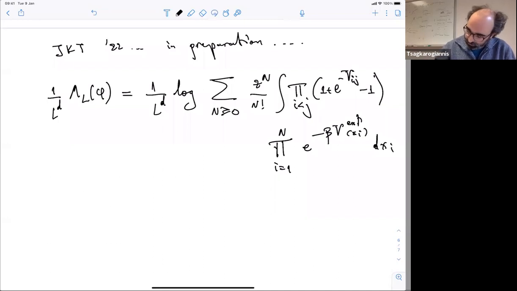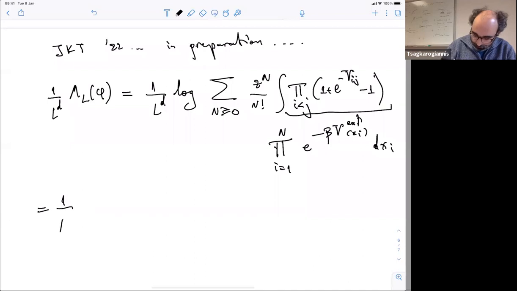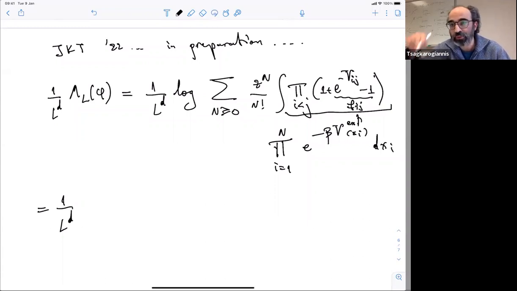Now, the point is that I can develop this product, and this can be written as a series of graphs. If I call this F_ij, I have the product of 1 plus F_ij, which, if I expand that, will give me 1. And then I will take all the ones with one F_ij, then all the ones with two F_ij's.